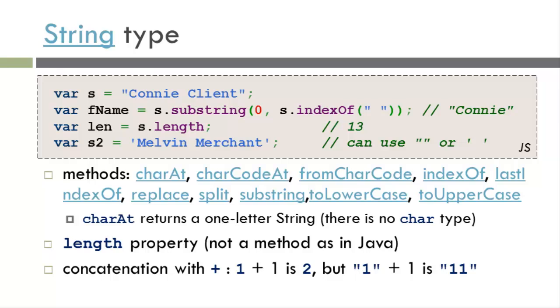Because the same operator is used for addition as well as string concatenation, we have to do a type conversion if we want to add one as a string to one as a number. In this case, it defaults to string concatenation, making 1 and 1 into 11 instead of 1 plus 1 being 2.